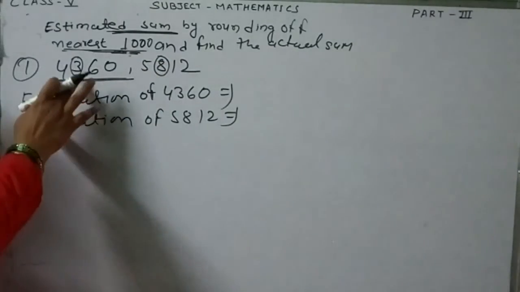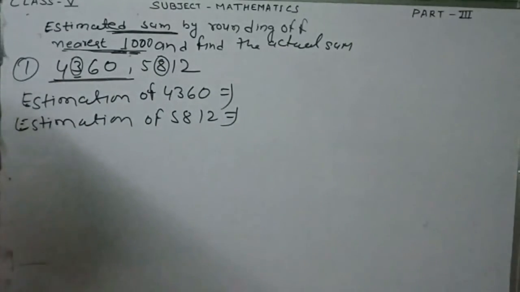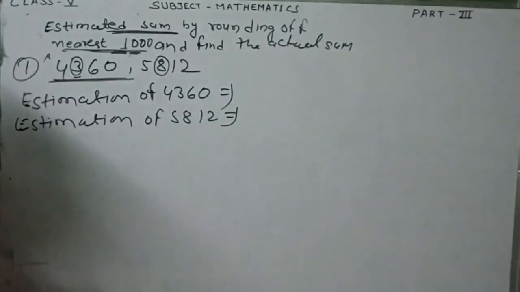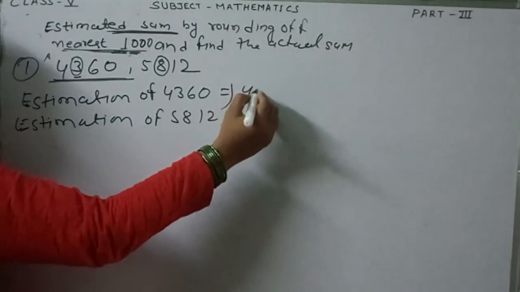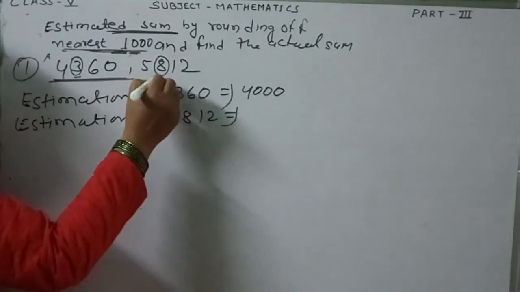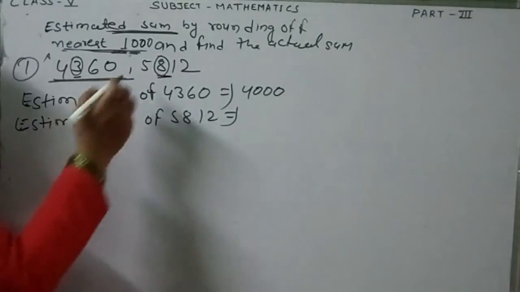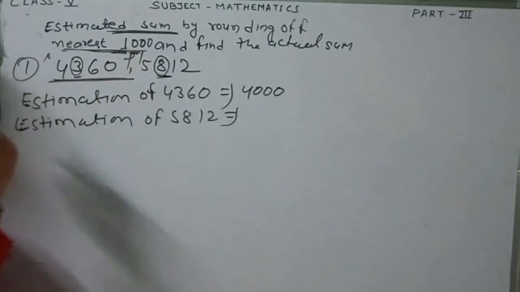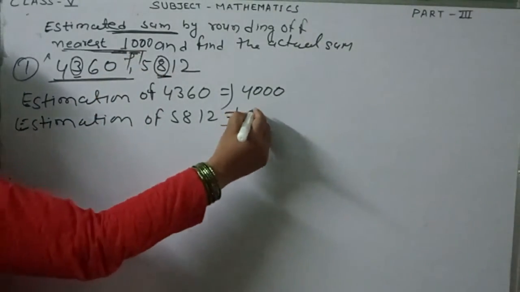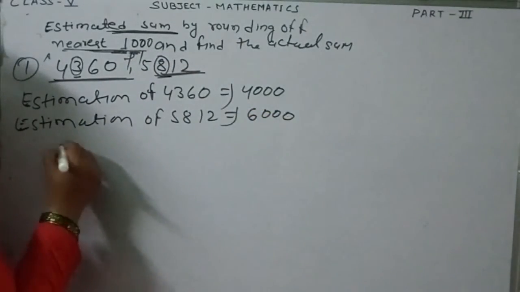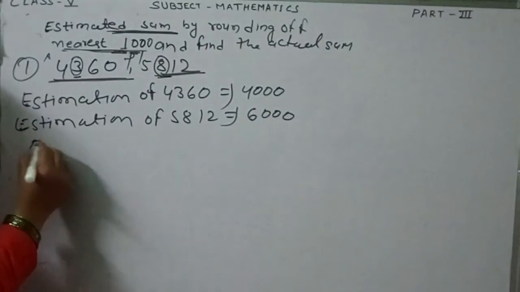See here, 3 is less than 5, so no need to add anything and we simply write 4000. And here, 8 is greater than 5, so we have to add one to the next digit, that is here we write 6, and this number will be 000.